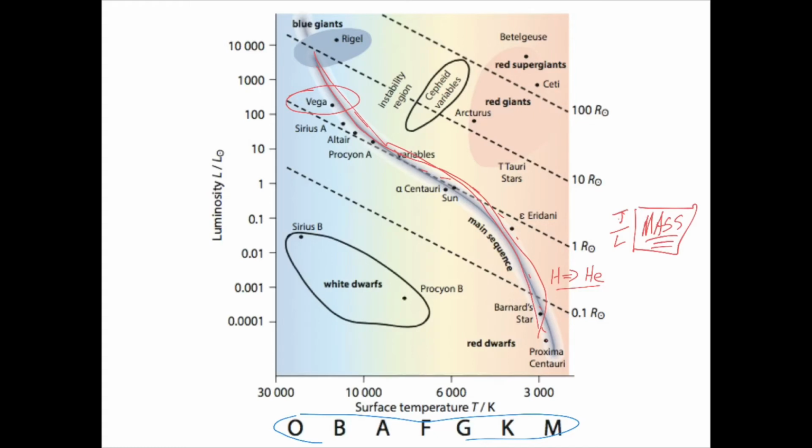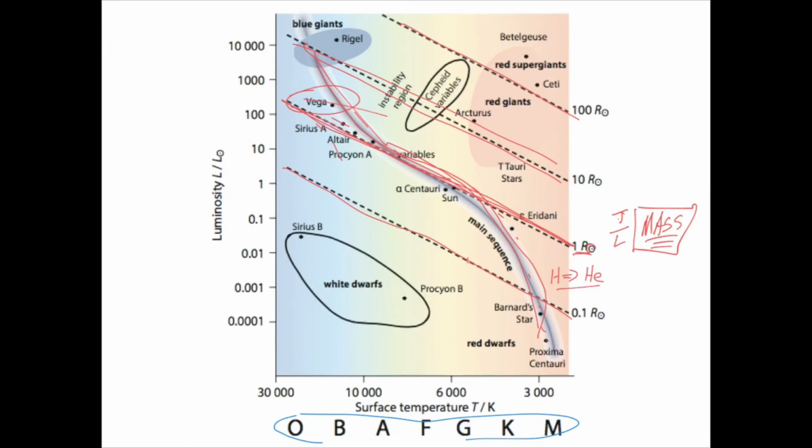Notice this HR diagram is interesting. It has the radii on it. Anything along this line has approximately the same radius as our sun, one radius. Again, we have this symbol for the sun there. These things are 10 times smaller than the sun. These are 10 times larger. So a lot of these main sequence stars are actually pretty close, within one order of magnitude of the sun itself.